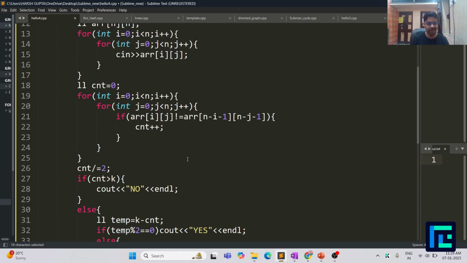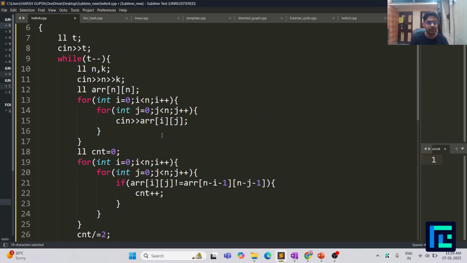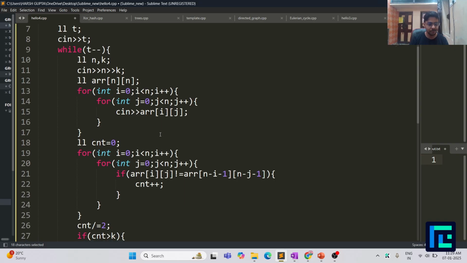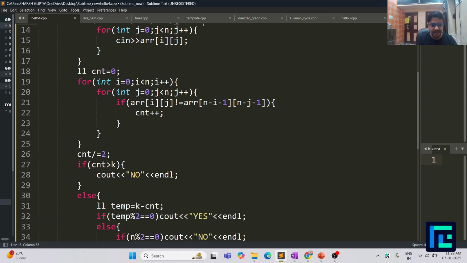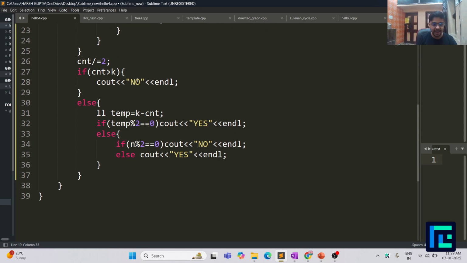So this is how you can actually solve this question. If you look at the time complexity of each test case, you can see that this code runs for n cross n, and the rest of the code has a time complexity of O(1). Hence, the time complexity for each test case would be O(n squared).